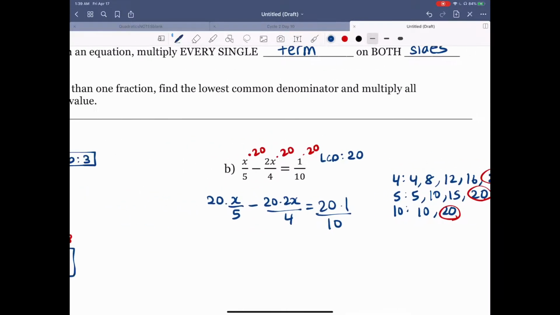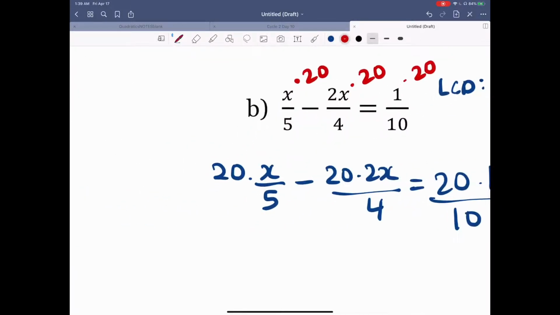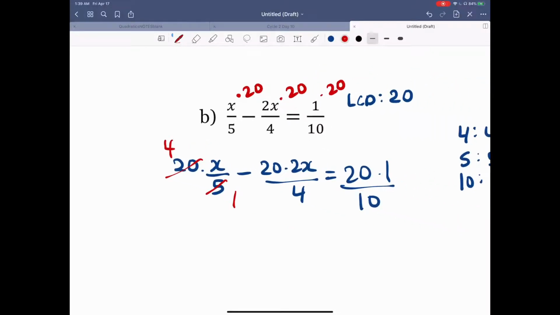Then these parts cancel out, because 5 goes into 20 4 times, and 5 goes into itself once. Or another way of saying it is 20 divided by 5 is equal to 4. 4 goes into 20 5 times, and 4 goes into itself once. Or 20 divided by 4 is equal to 5.